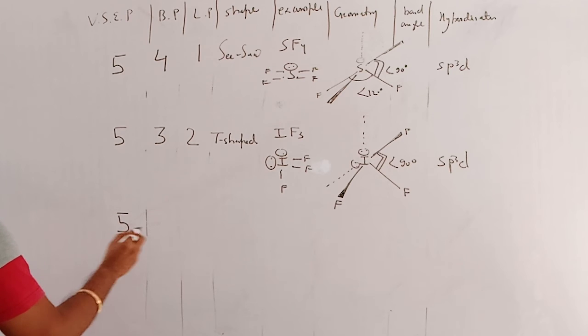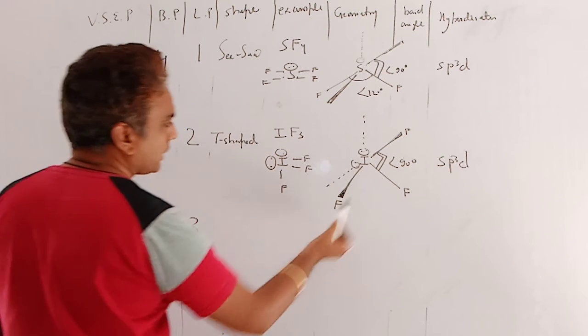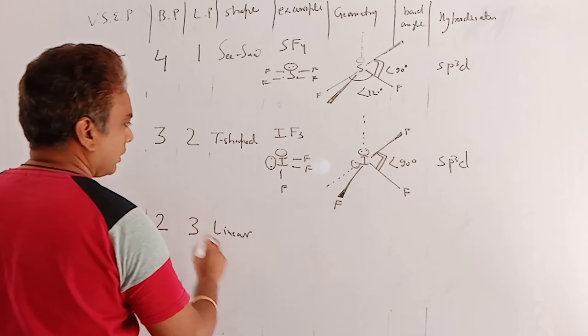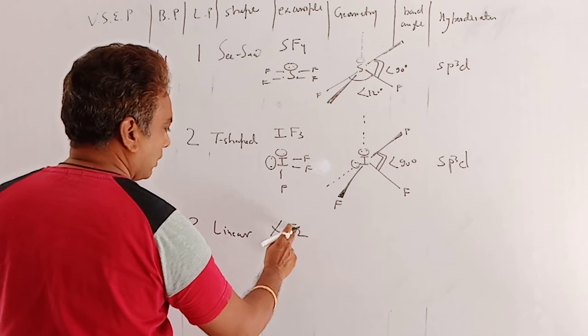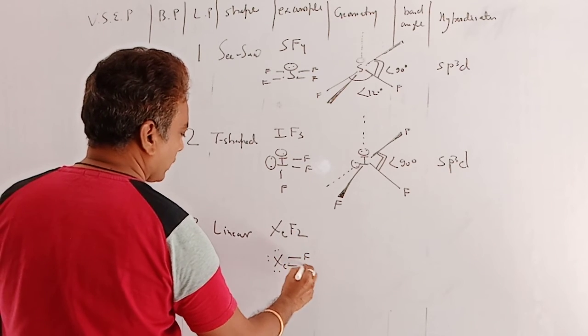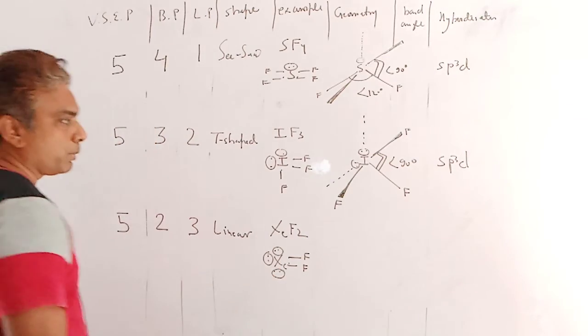Next, if we have 5 VSEP, 2 bond pair, 3 lone pair. So one more trigonal site is replaced by lone pair. So geometry will be linear. Example like XeF2, most important molecule, 1, 2, 3, 4, 5, 6, 7, 8. 2 are shared with fluorine. So 3 are lone pair, 2 are bond pair.